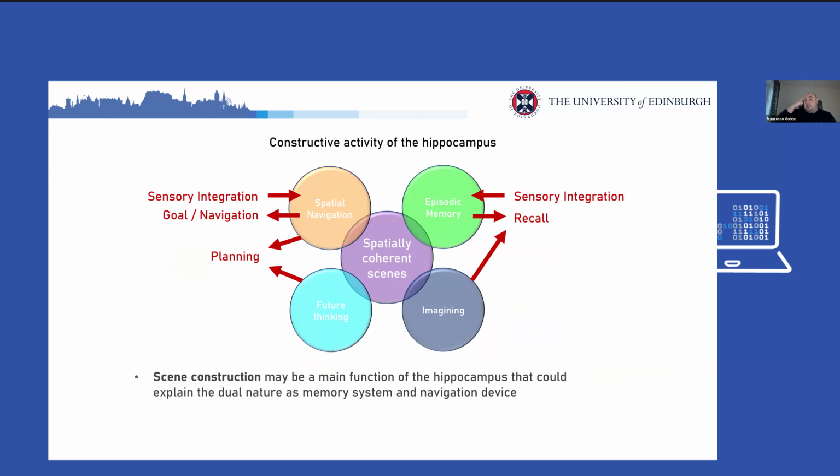So in summary, our data support a role of the hippocampus to construct potential alternatives by playing out different possibilities.